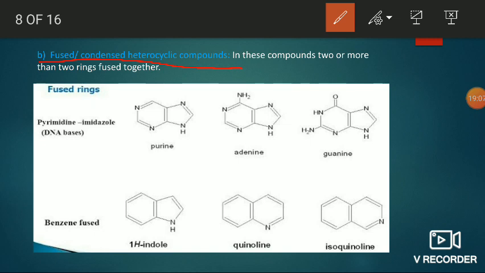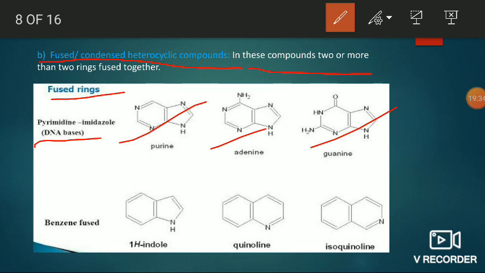In the condensed heterocyclic compounds, two or more rings are fused together. Examples of fused heterocycles are purine, adenine, and guanine. These three fused, or condensed, heterocyclic compounds are examples of DNA bases.